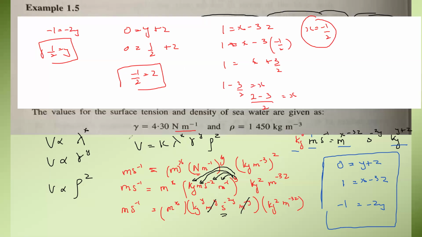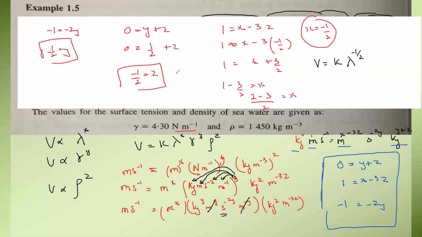We'll just substitute these values. This is our main equation. So the speed is equal to k times lambda raised to power x. So what is the value of x? The value of x is negative half. So this will be lambda raised to power negative 1 by 2. Okay.